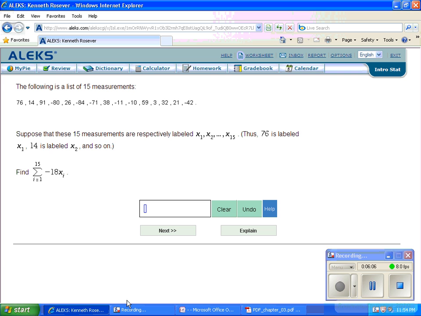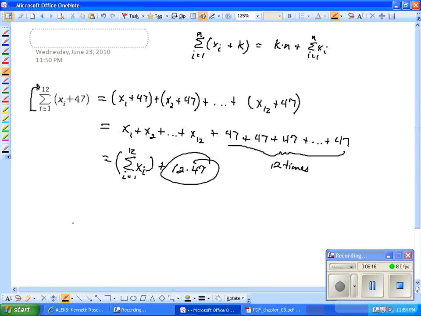All right, I'm going to explain it. What you should do is factor out the negative 18. Just put it in front of the sigma. So the rule is when you have a constant times one of these from 1 to n, you can just factor out the constant and just add this part over here.